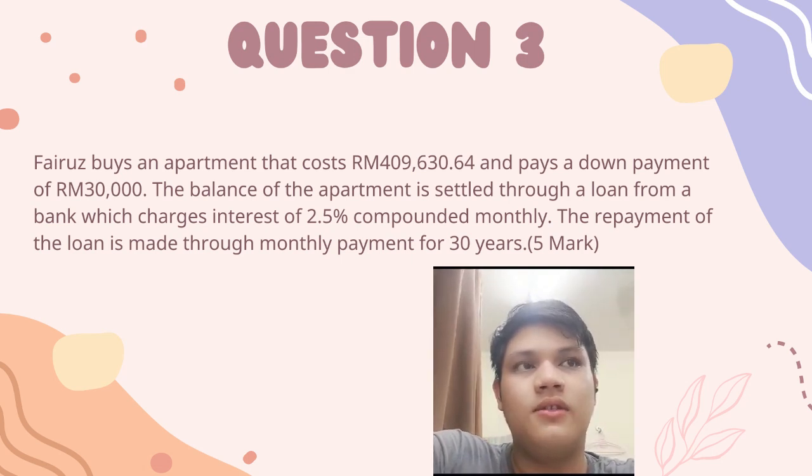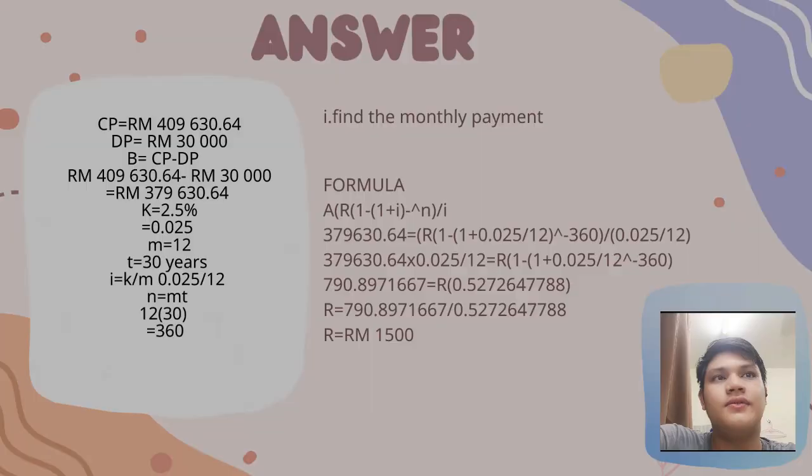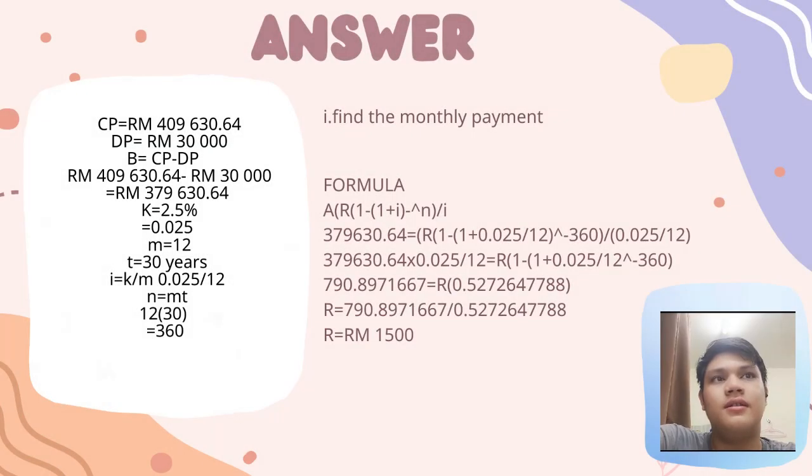The repayment of the loan is made through monthly payments for 30 years. The first question, find the monthly payment. For the second, if Fairuz fails to pay the first 3 monthly installments, how much should he pay on the fourth payment to settle all the outstanding arrears?